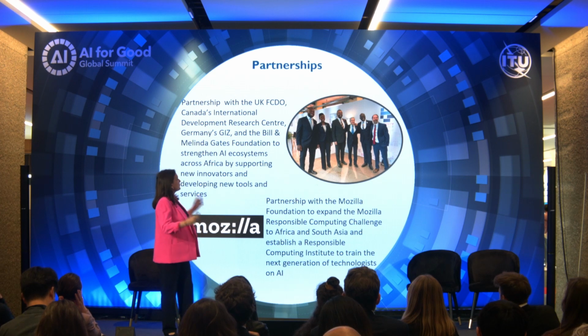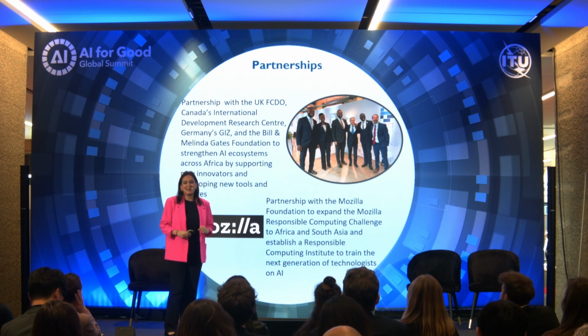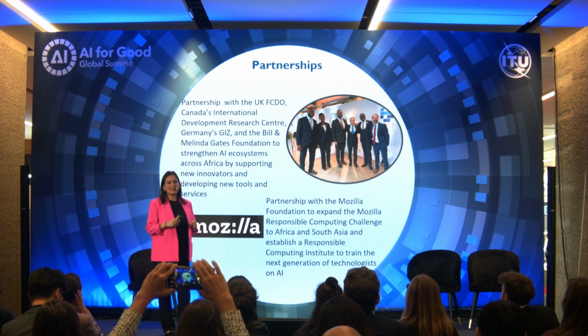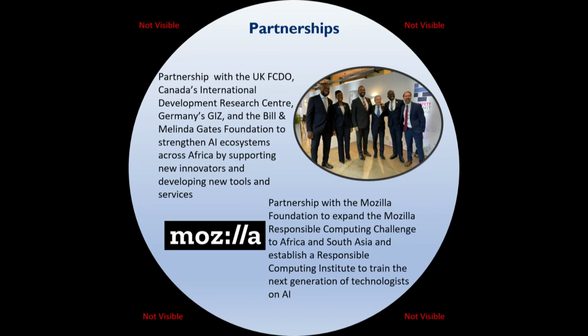Second of all, we're developing our own partnerships. So last year at the UK AI Safety Summit, we announced a partnership with the UK government, FCDO, the German government, GIZ, the Canadians, IDRC, and the Bill and Melinda Gates Foundation. And we recognize, look, we're all making investments in AI.